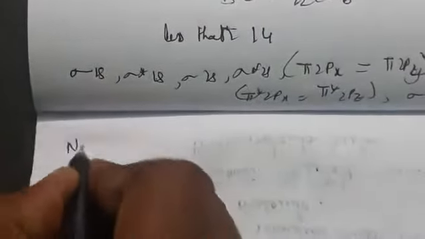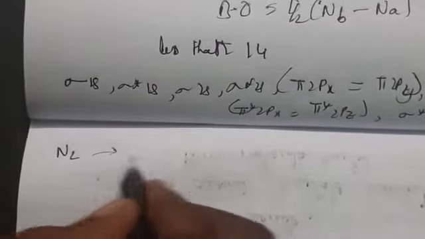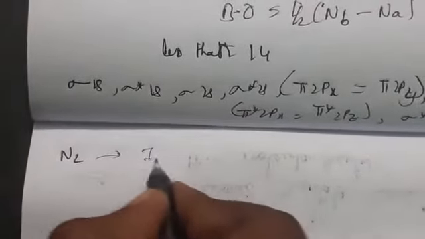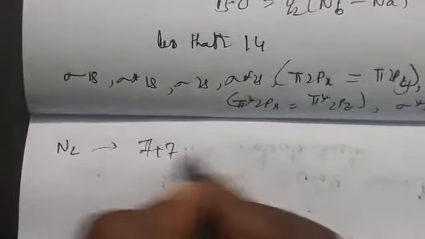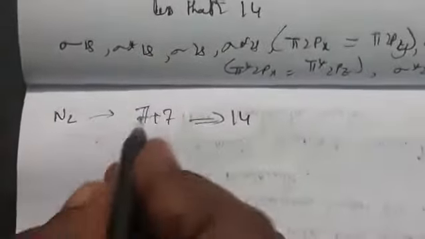Now diagrammatically I will show you for nitrogen. For the N2 molecule, nitrogen has 7, so 7 plus 7, two nitrogens, gives 14. Now how do we get the electronic configuration?